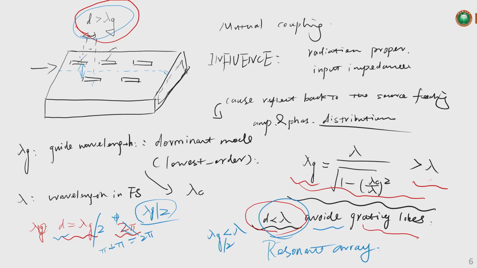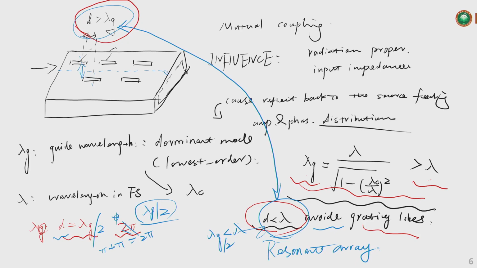For such a condition, if the configuration or the structure of the waveguide and the slots are determined, that means its operating frequency is fixed. So the operating frequency is fixed, because we want to get the in-phase array configuration.